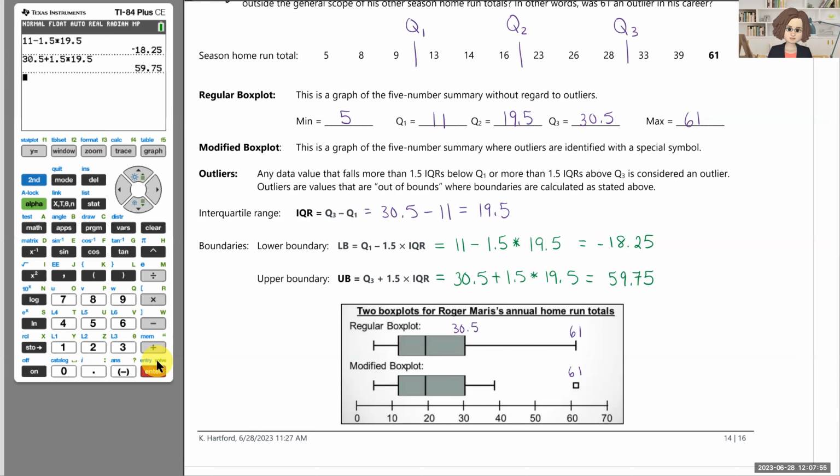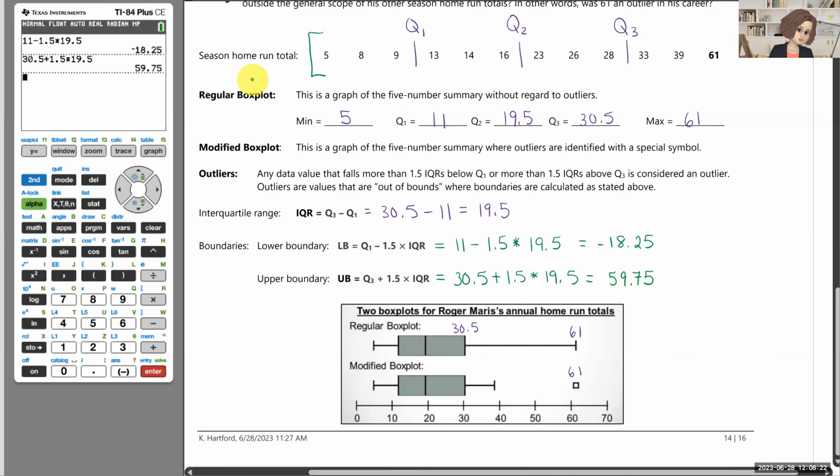So let's talk about these boundaries. So I'm going to go back and look at my data. And the smallest number here is 5. So a boundary of negative 18.25 on a number line would be over here somewhere. So we don't have to draw this part to scale. We just want to know that our lower boundary is somewhere below 5.